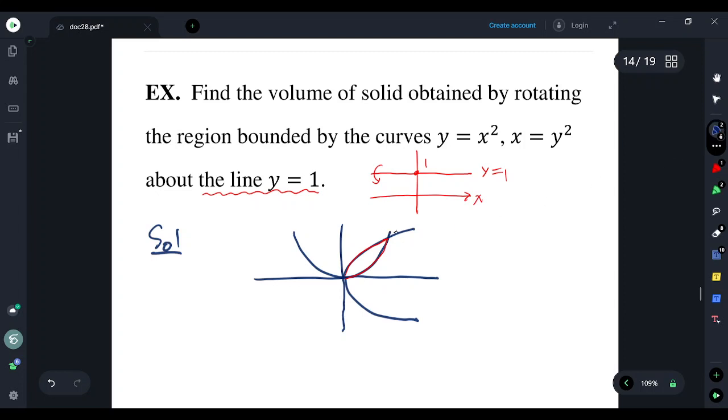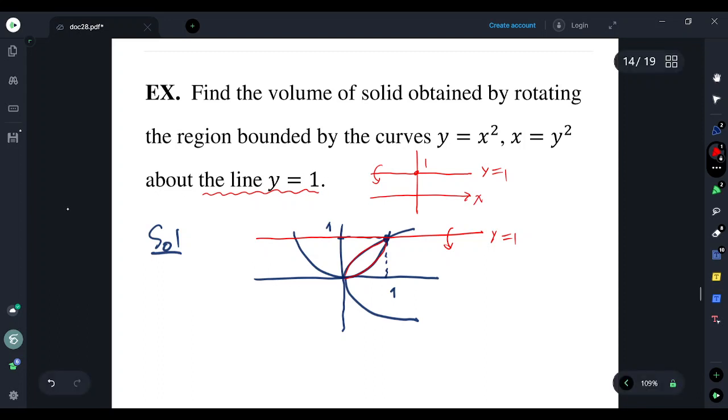And it is not difficult to find the intersection. The intersection occurs at x equal to 1 and y equal to 1. Now what about the rotation axis? The rotation axis y equal to 1 is precisely this line, right? It passes through the intersection point. This is y equal to 1, so we are going to rotate about this.